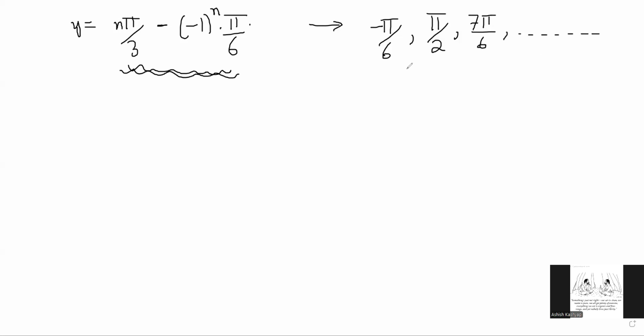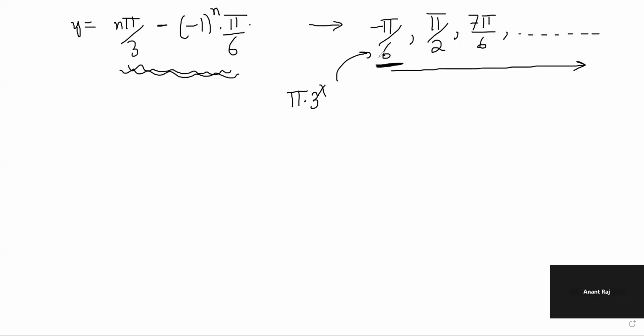These are the set of values that you're getting for some integers. You have to realize that this is pi into 3 power x. That was my substitution. So first of all, no negative answers can ever come. This is not allowed. Do you understand what I'm saying? Yes. So no negative answers will be accepted. So this one has to be rejected. And you will start off from here, from the n is equal to 1 case, right?